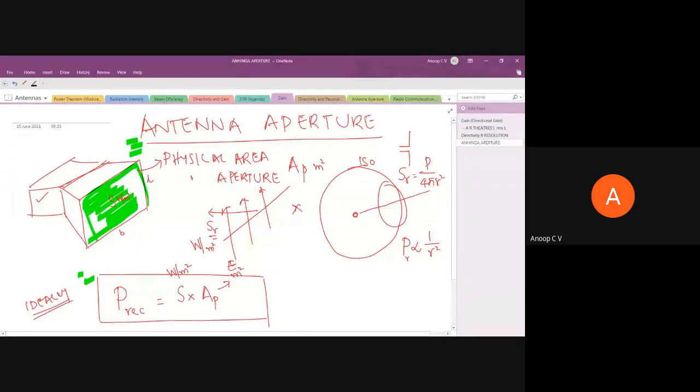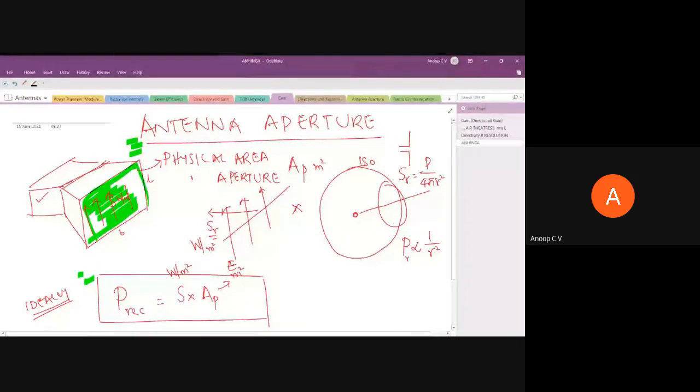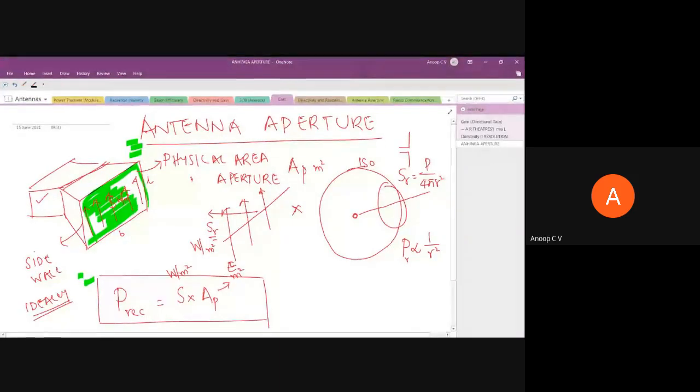But the problem is these electric field intensity vectors will be oriented like this, and this antenna is made of metal. This antenna has sidewalls, and that is made of metal.